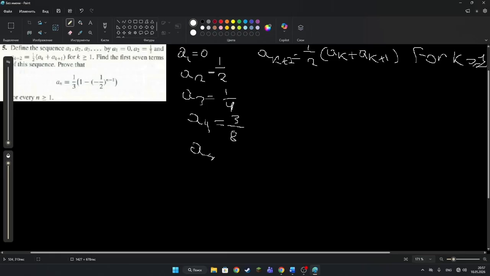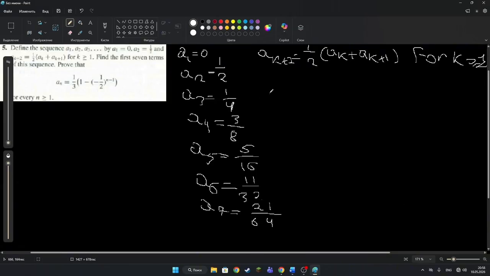Then a5 is 5 divided by 16. a6 is 11 divided by 32, and finally a7 is 21 divided by 64.